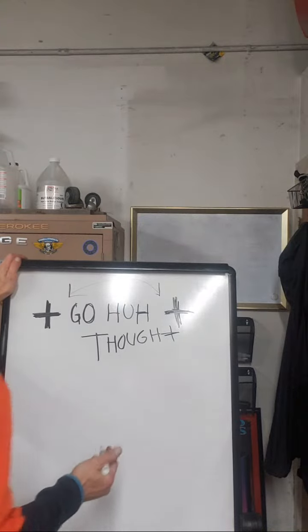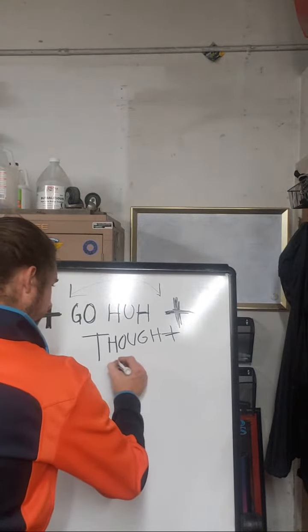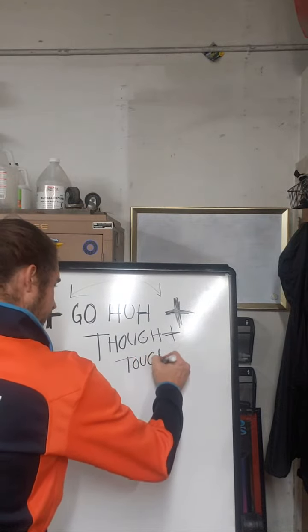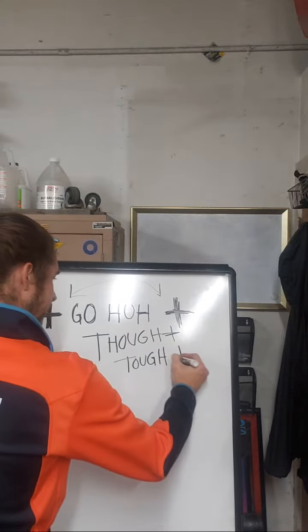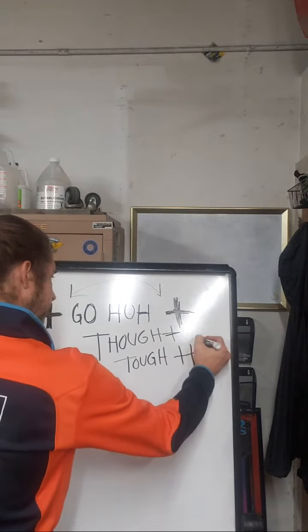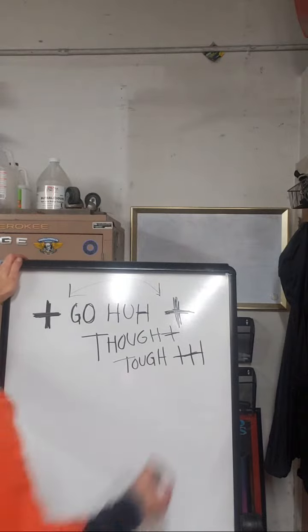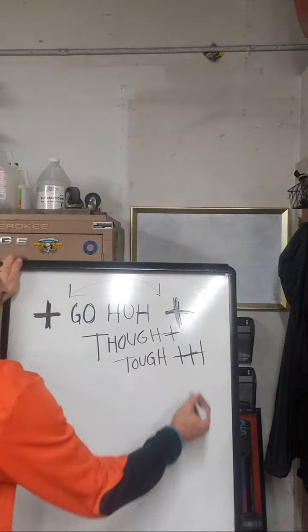Another way of seeing that is the word tough. I gotta look at this. Look at tough, and you see the TH written together. You can see the three crosses. Another way of looking at that. Gotta marinate on that one a little bit.